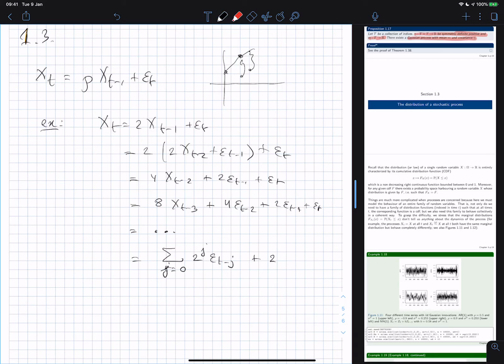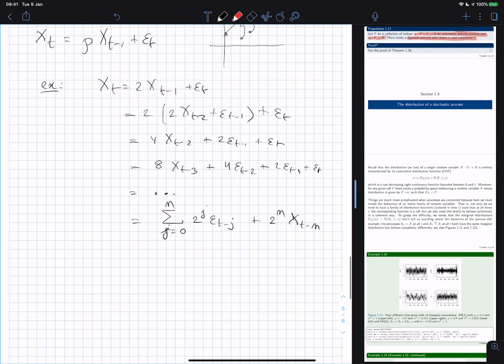I can go up to any level. Is that good? Am I correct? I guess I am. But this is also valid for any n. So if I want, I can let n go to infinity.